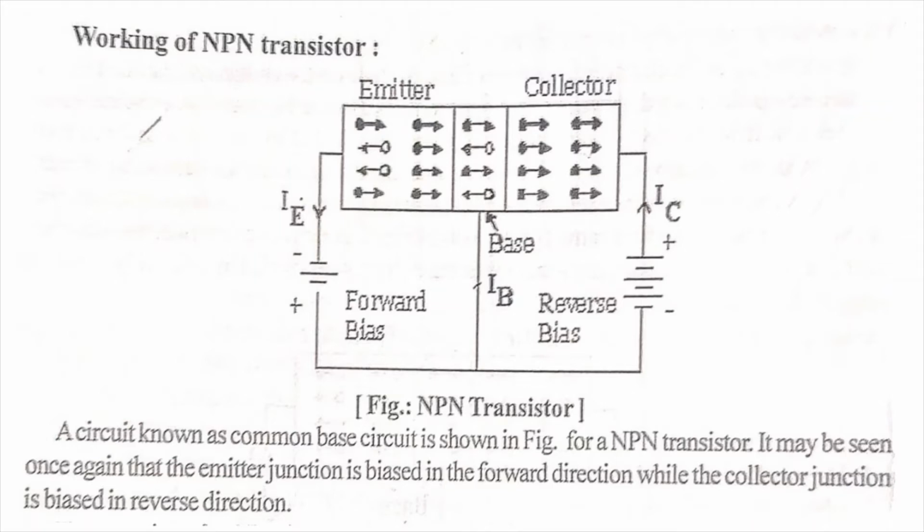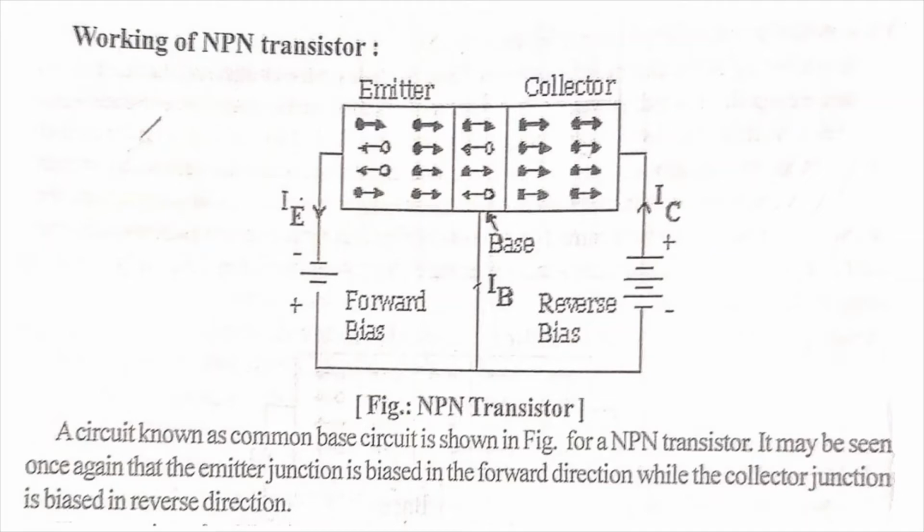See in the figure, this negative terminal is applied to the emitter region. So what happens? Electrons are repelled from the negative terminal and injected into the emitter junction, overcoming the potential barrier there.